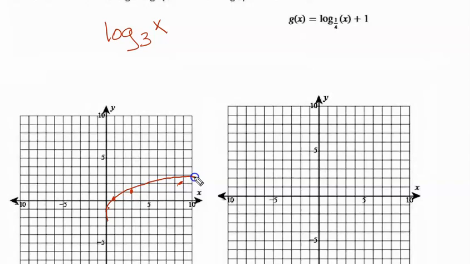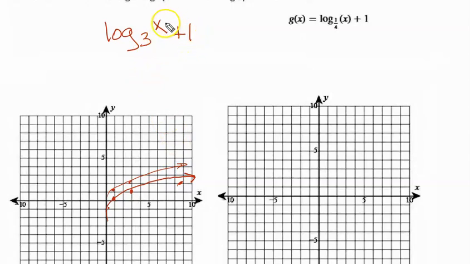So it's going to have this shape, but going through those points. Now, suppose we put a +1 here. Well, that would just raise it up 1 here, raise it up 1 there, and the curve would go up a little higher. Again, this would be a vertical shift.